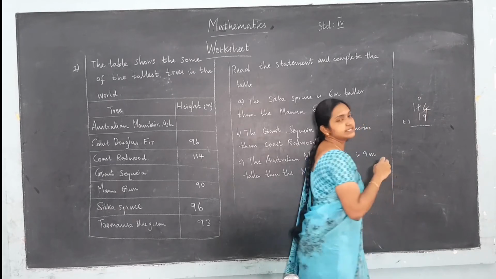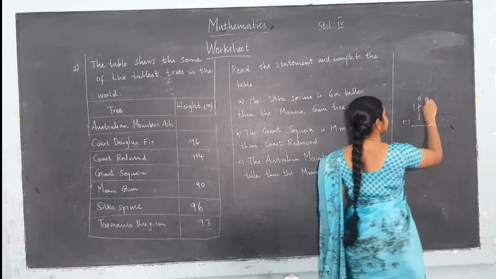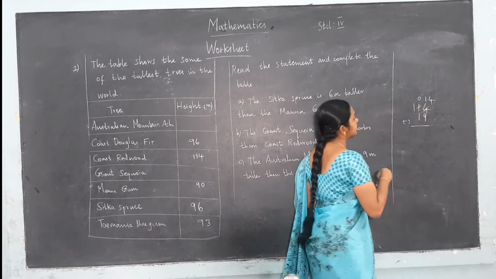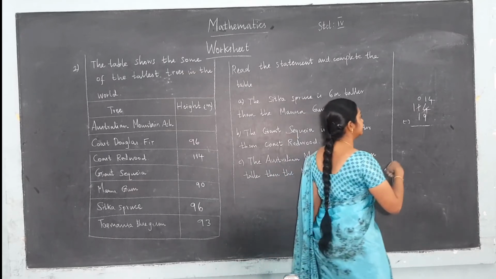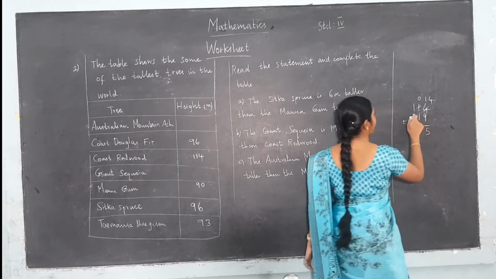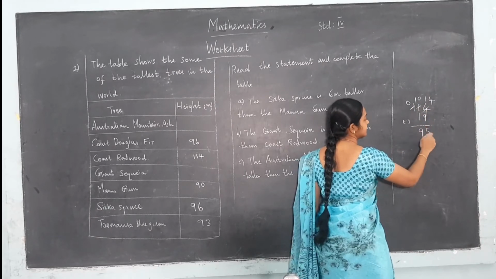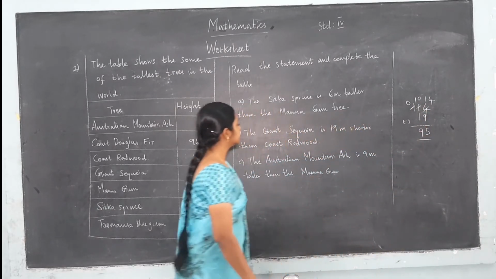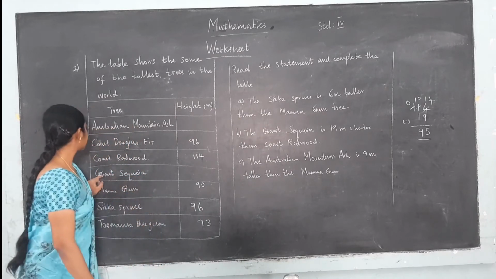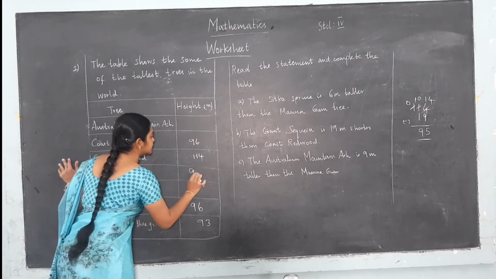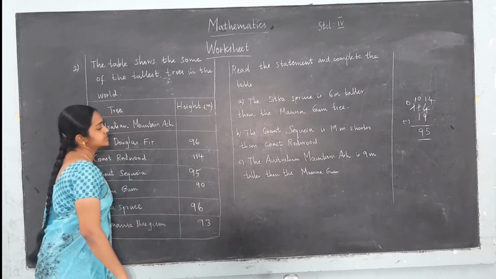So 1 will be changed as 0 and 4 will be changed as 14. 14 minus 9 is 5, and here also we have to borrow. 10 minus 1 is 9. So the answer is 95. Giant Sequoia is 95 meter.